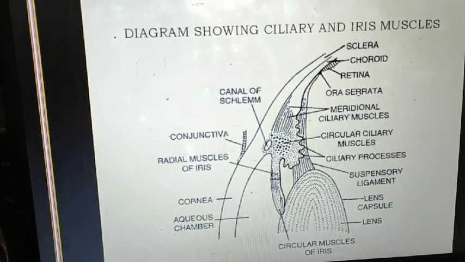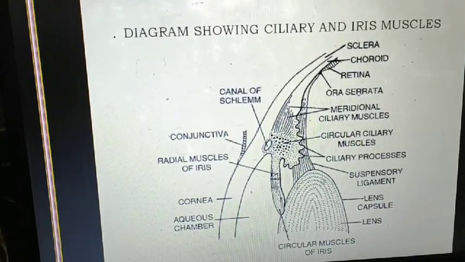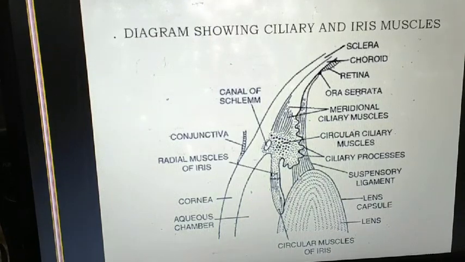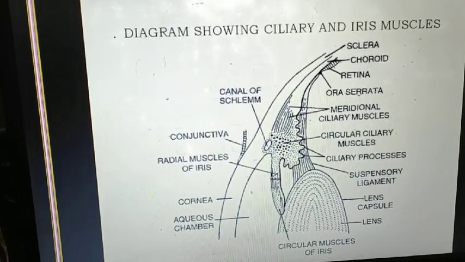So this suspensory ligament is attached to the lens capsule. So contraction of these muscles causes relaxation of the suspensory ligaments, and that results in bulging of the anterior surface of the lens, called accommodation.